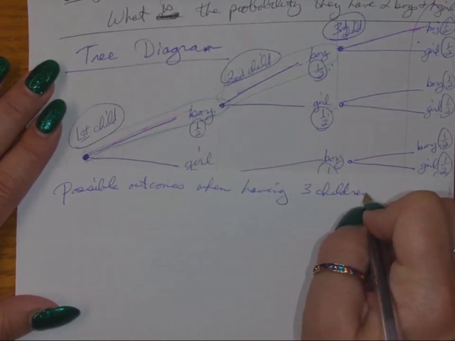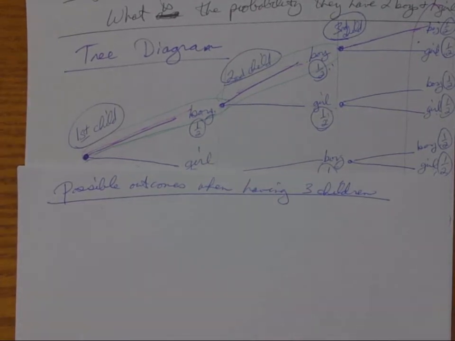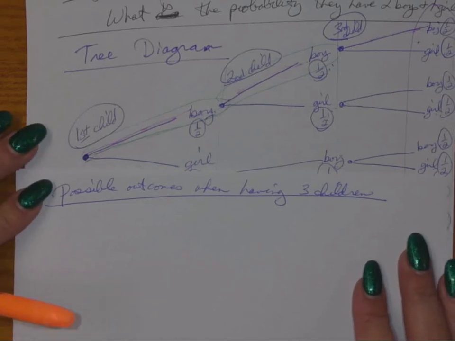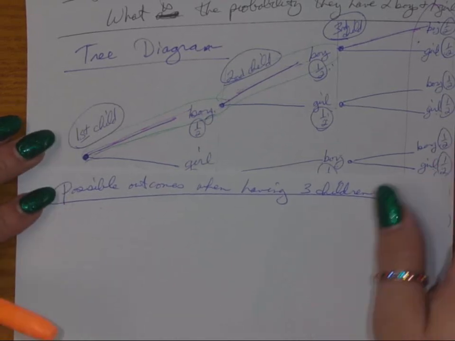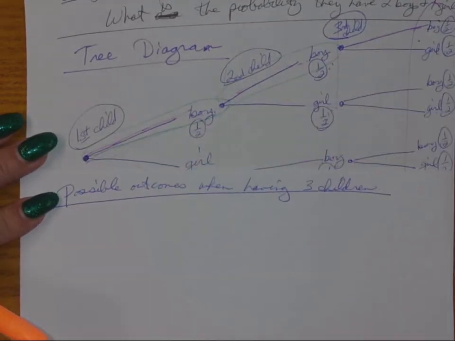And all I'm going to do is follow each of the pathways here. Sometimes it might help you if you have a highlighter. I'm just going to highlight the ones that we're after here. So we wanted 2 boys and 1 girl, right? But I'm going to list all of the outcomes. So the first outcome here, this top one that we already did, was boy, boy, boy.